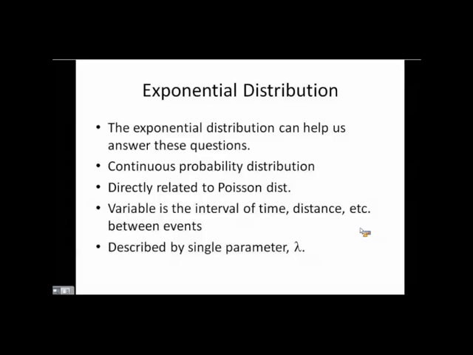Now, because these things are so closely related, this exponential distribution is obviously going to be governed by the same parameter. We're still governed by the fact that there are 20 calls on average coming in per hour to this help desk. Okay? And it turns out that that's the same rate, that lambda calls per hour is the same parameter that's used to describe and specify the exponential distribution.